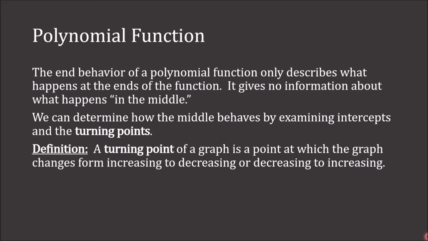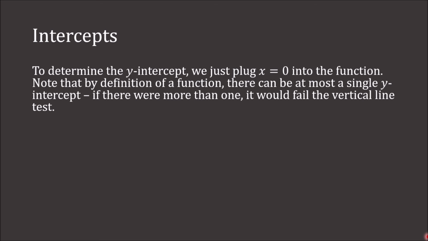To determine the y-intercept, remember all we're going to do is plug x equals 0 into the function. Note that by definition of a function, there can be at most a single y-intercept, because if there is more than one y-intercept, it would fail the vertical line test.